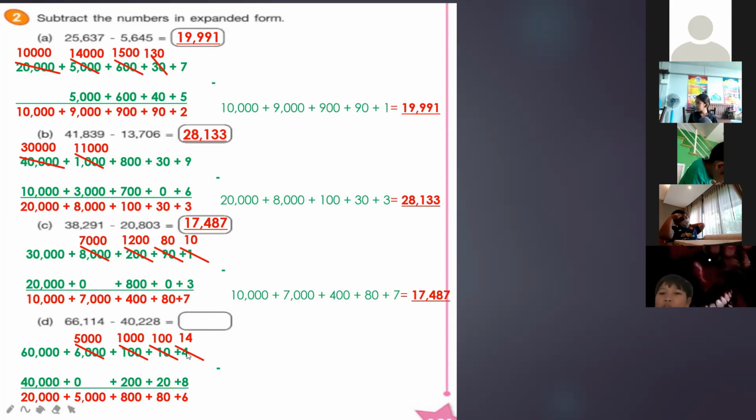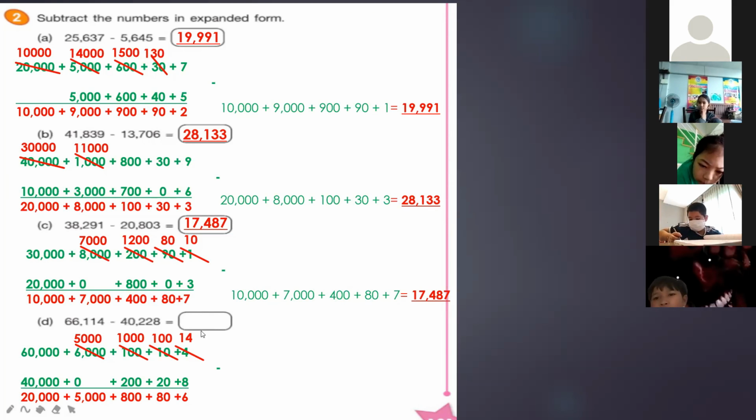So we're going to subtract again, starting from the ones place. So 4 is smaller than 8, so we have to borrow 10 from 10. So 10 becomes 0.